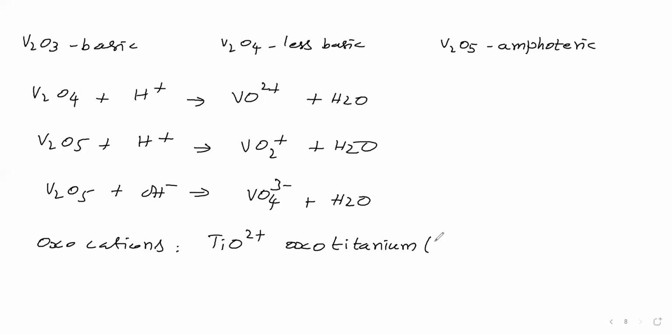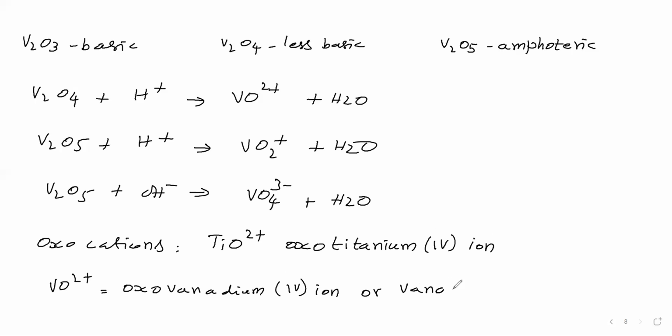The titanium oxidation number is 4, therefore titanium(IV) ion. Then VO2 plus: this O is called oxo, V is called vanadium. The oxidation number of vanadium is plus 4, therefore it is written as ion. Its other name is vanadyl ion.